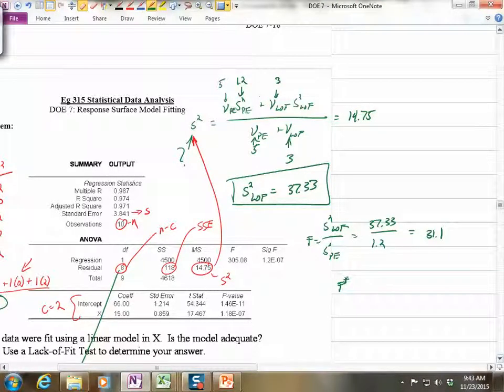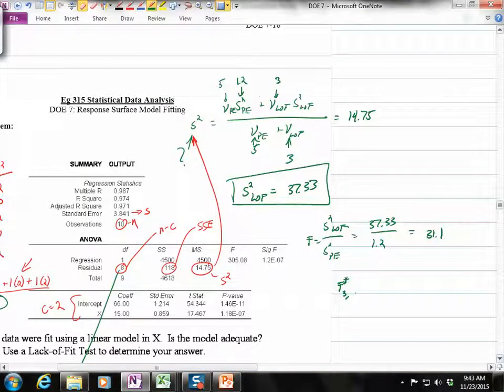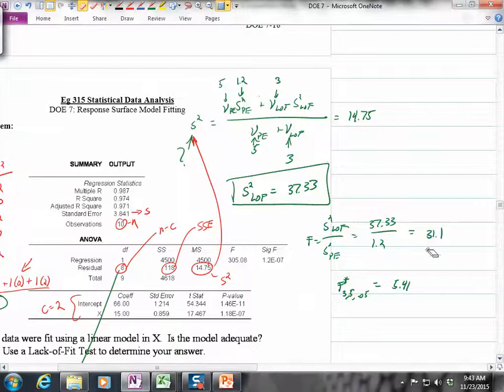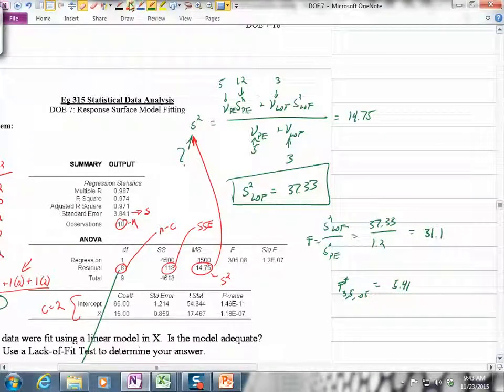How many degrees of freedom in the numerator? 3. Good. In the denominator? 5. Alpha's 0.05. Got a 5.41. Rewrite this so we can read it. So this is much bigger than our critical.